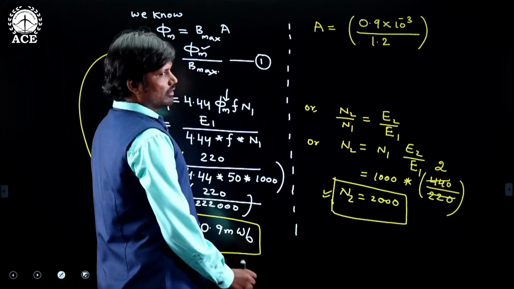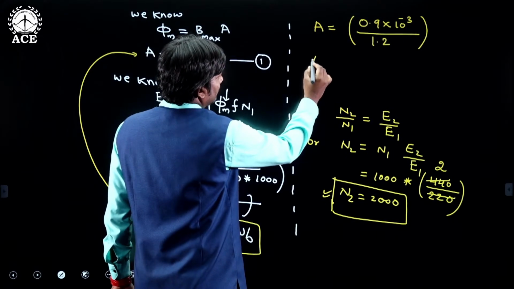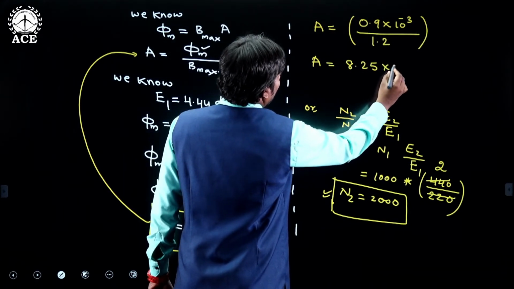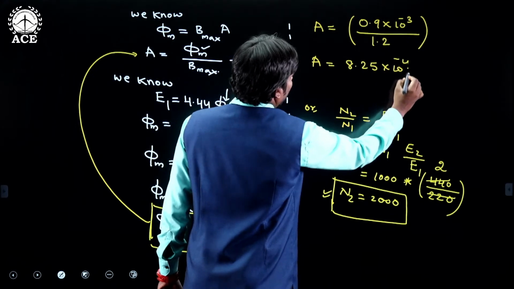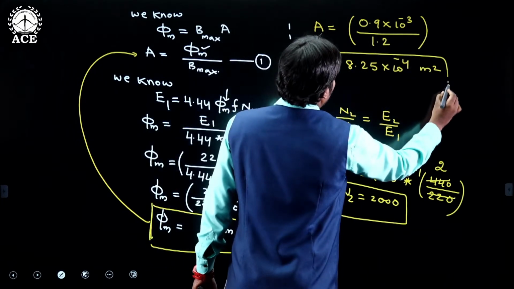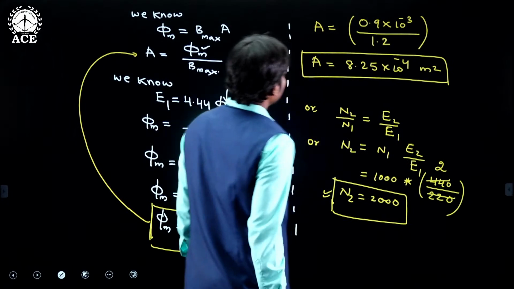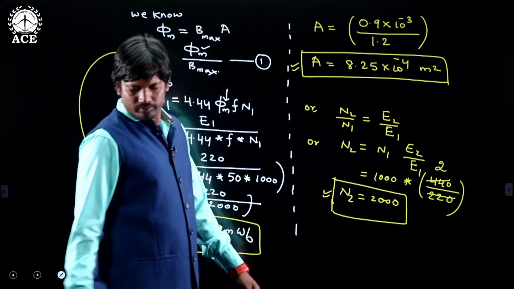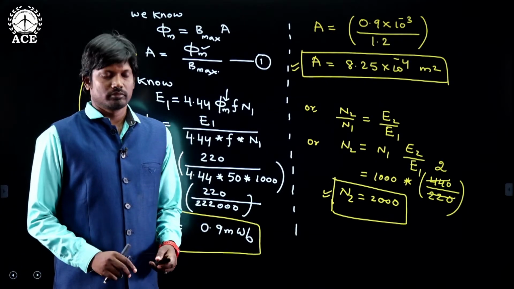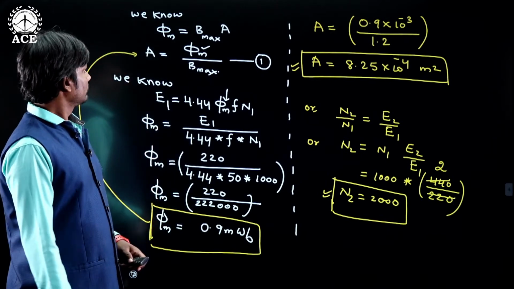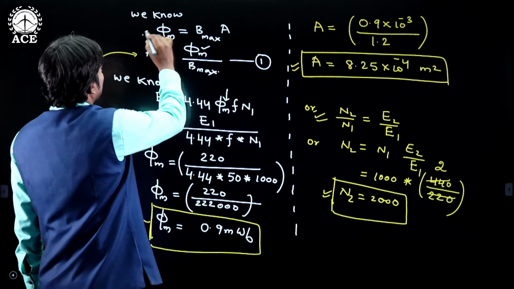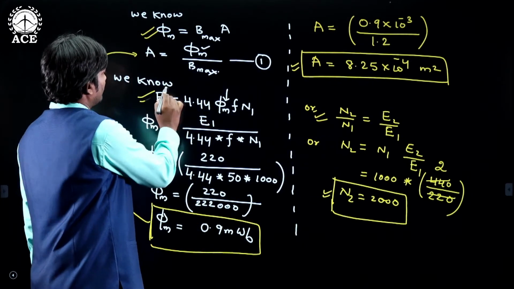Use the calculator and tell me what is the value of this area of cross section. Area is equal to 8.25 into 10 to the power minus 4 meter square. Verify this one. Note down this one. These relations are very, very important. Please note down this relation and this equation.